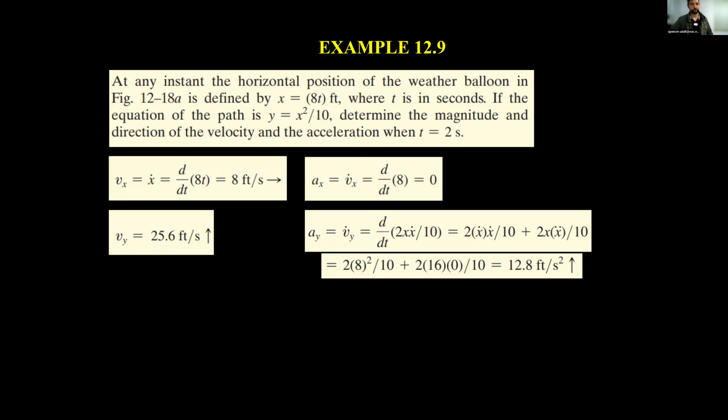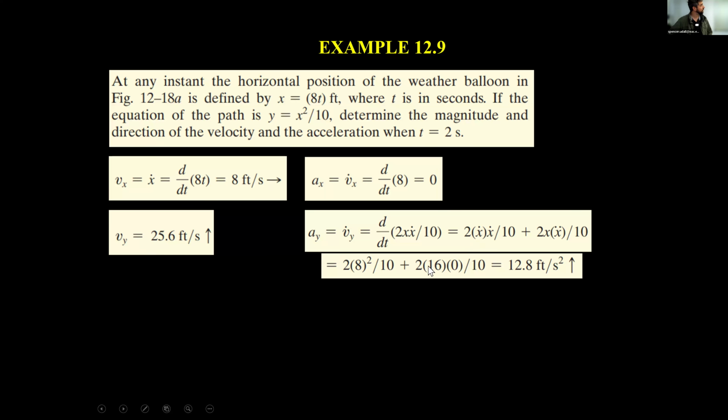Why is it 2 times 16 when x dot is 8? X dot should be 8 times 8. Yeah, I don't like that. Oh, wait, no. That's 8 squared, this is 8 squared.